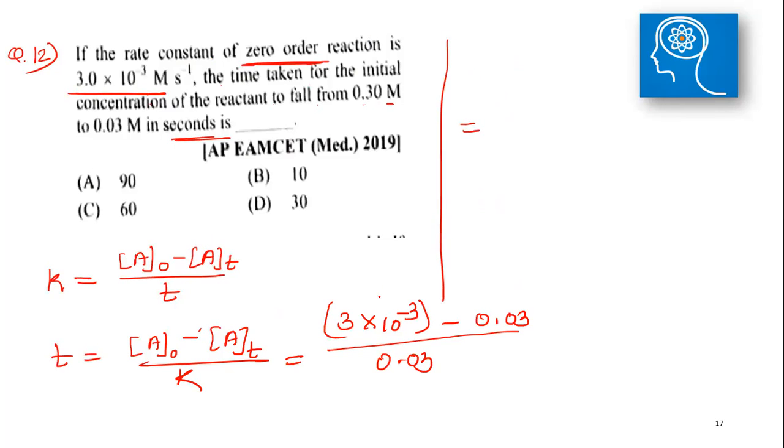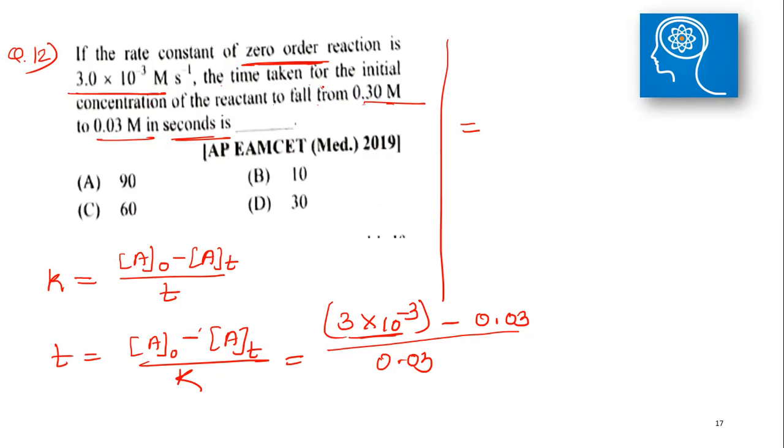It is equal, ह्याला आपण सॉल्व्ह करू शकतो. ह्याला कसं लिहिणार? A0 that is initial concentration, AT that is concentration after time T, to fall from this to this म्हटलाय.